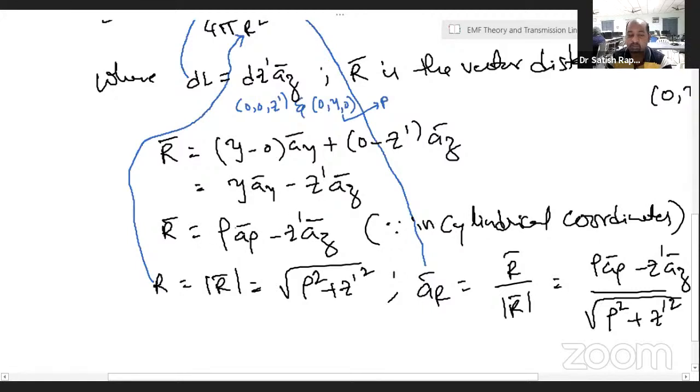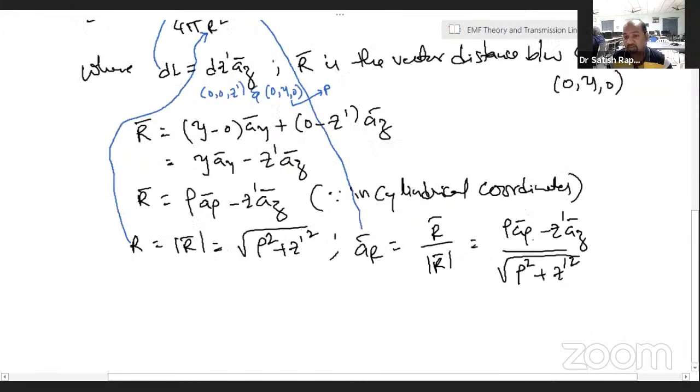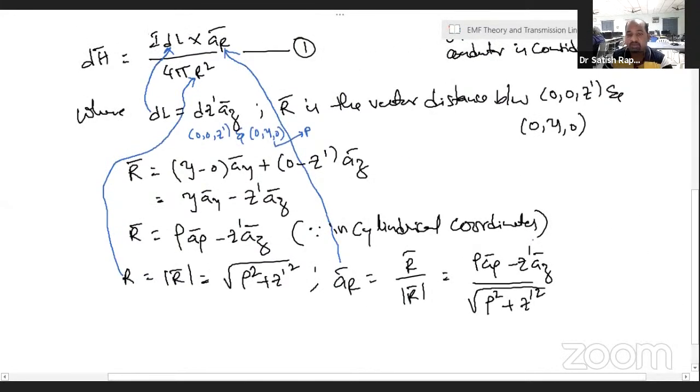So r bar is equal to rho a rho bar, and this is in cylindrical coordinates. r is the scalar distance. R bar is the vector distance, and r is the scalar distance. And ar bar is r bar by mod r bar. Those things we determined in our last class.